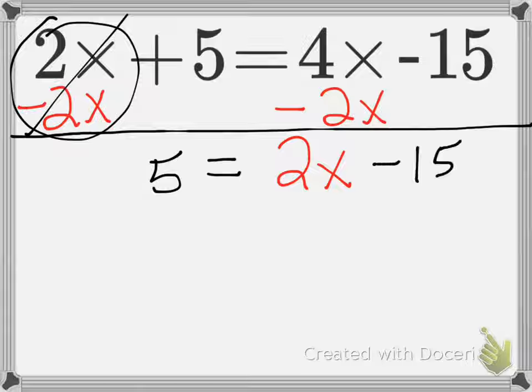Now, I have all my x's on one side of this equation, and I need all my numbers on the other side, so I'm going to add this minus 15 to the other side of the equation so that I have all my numbers on one side and all my x's on the other side. So I'm going to add the 15 on both sides.